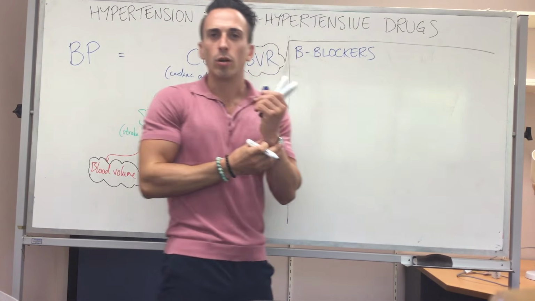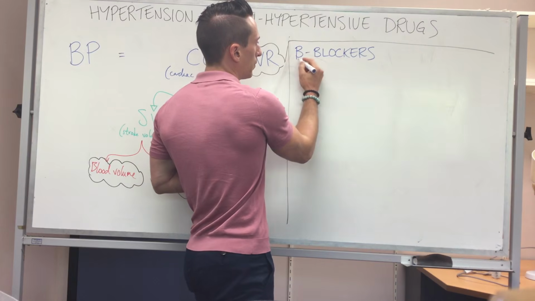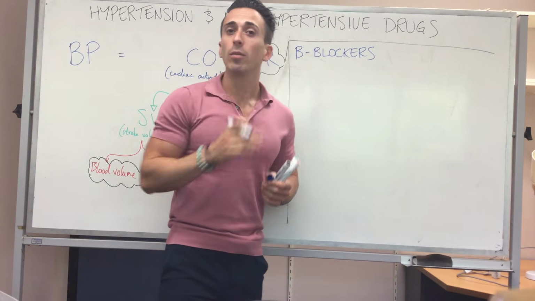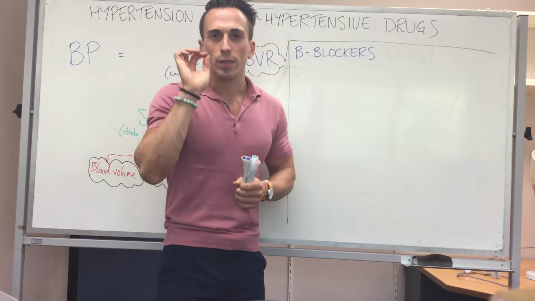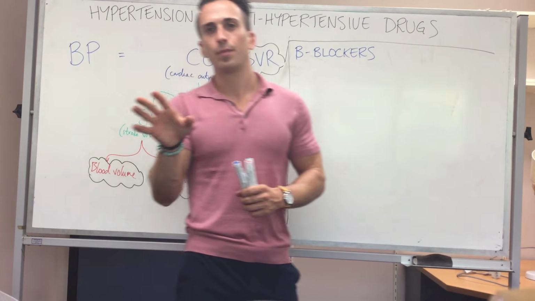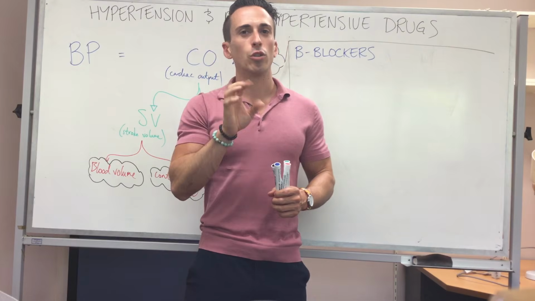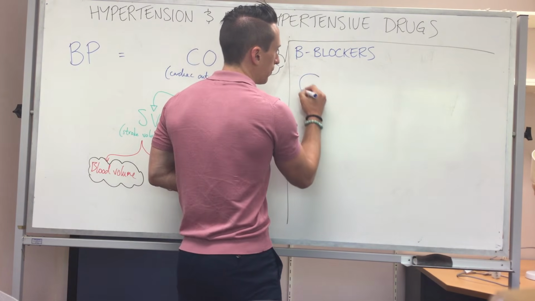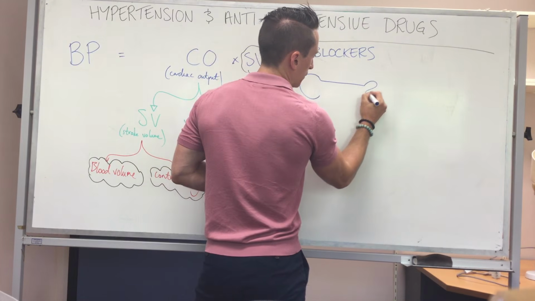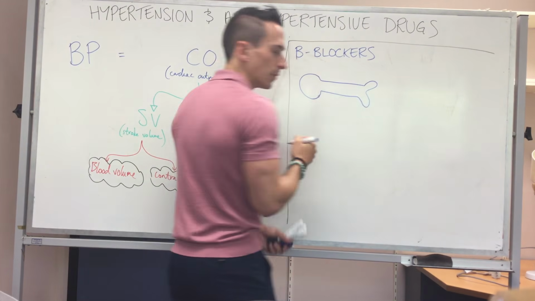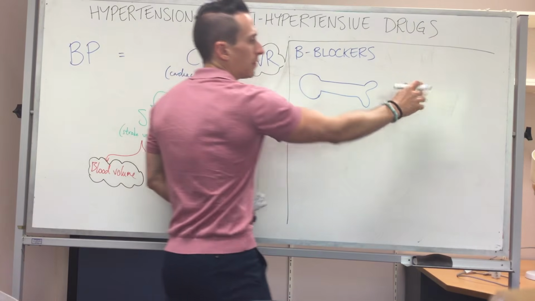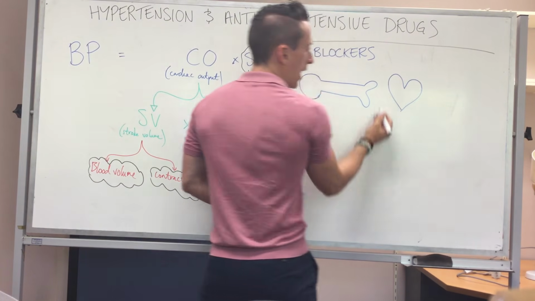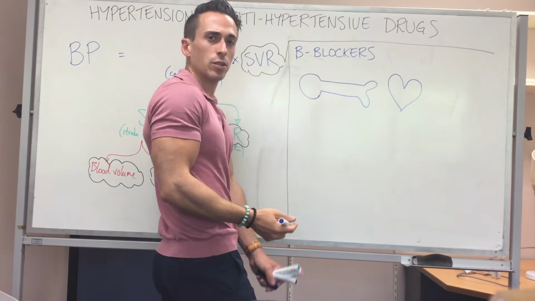Now, beta blockers. You should know that beta can be written like that, or it can be written as BETA. So, your sympathetic nervous system will stimulate certain receptors. So remember that if you look at a sympathetic neuron, the sympathetic neuron that innervates the target organ, let's just say the heart for example, has to release a neurotransmitter at the synapse.